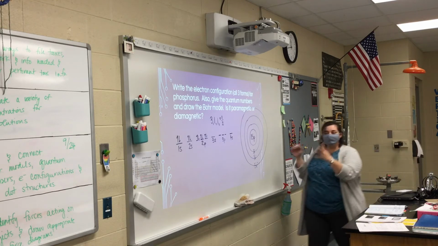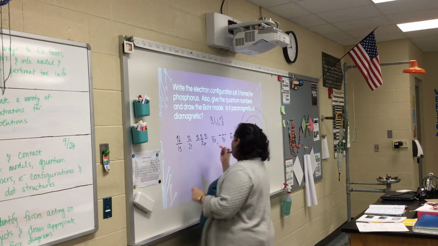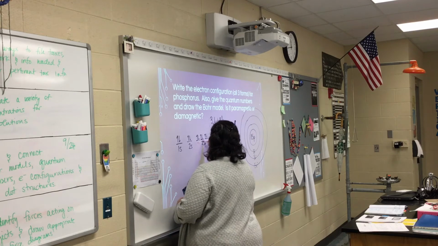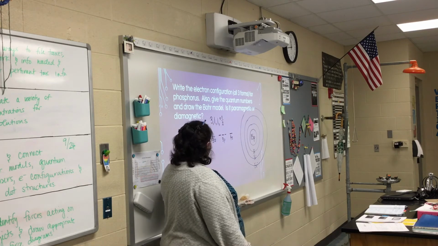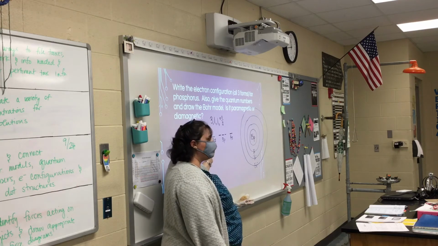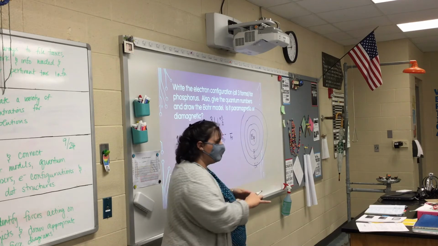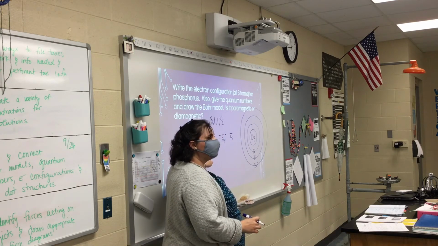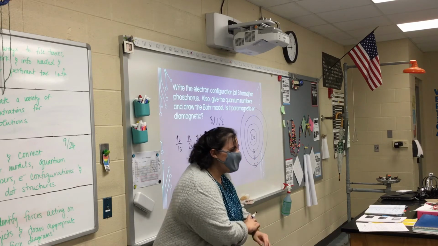Because in our degenerate orbitals, this first p orbital corresponds to negative 1, 0, 1. So these 3 p orbitals are the m sub L values. That tells us the different orbitals within the set. Questions about that? Can you repeat that again? Yes.